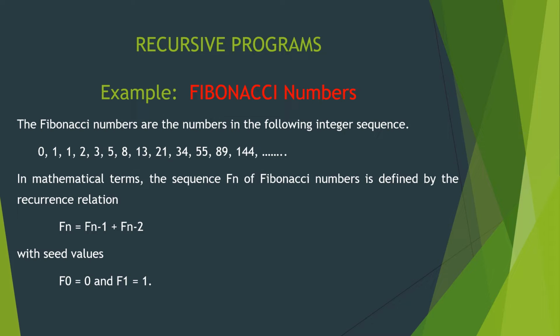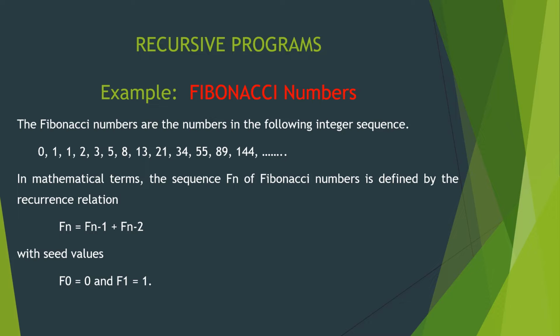So the first example of recursive programs is the Fibonacci series. What is a Fibonacci series? Fibonacci numbers are numbers in the following sequence: 0, 1, 1, 2, 3, 5, 8, 13, 21 and so on. In this series, initially f0 is equal to 0 and f1 is equal to 1.